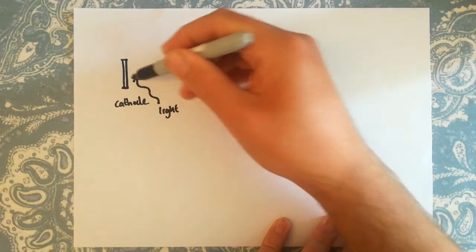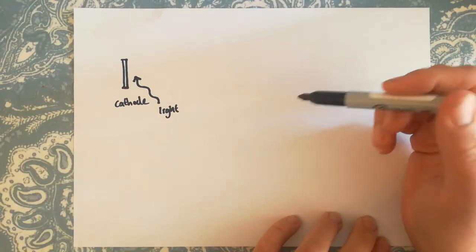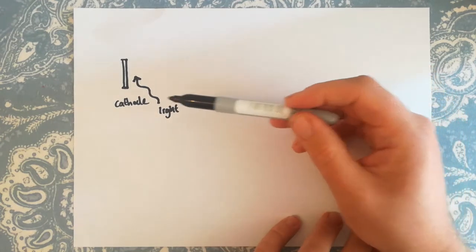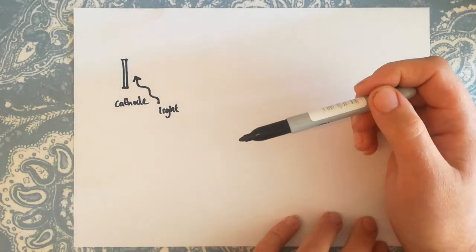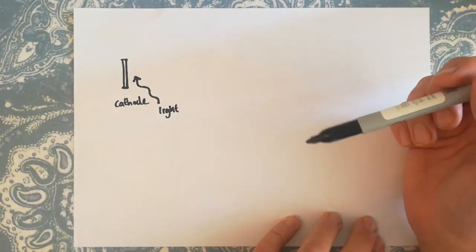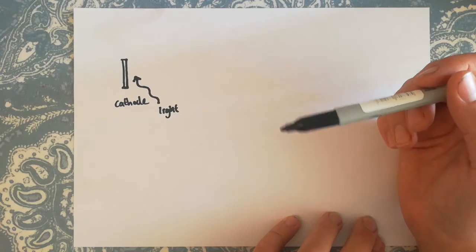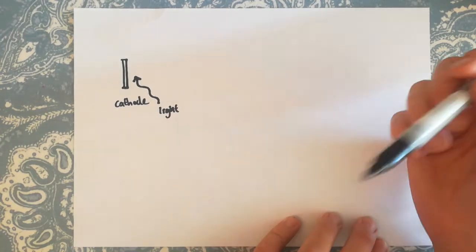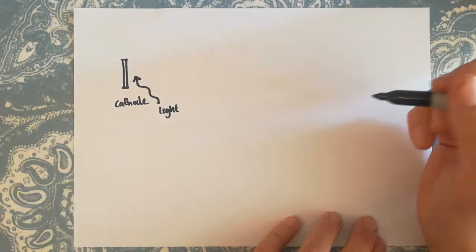So this would be light from a source, and remember we said that we can change things about the light. We can change the color of the light, which we would talk about changing the frequency if we were thinking about it as a wave, and we can also change the intensity of the light, so making it brighter, in other words.